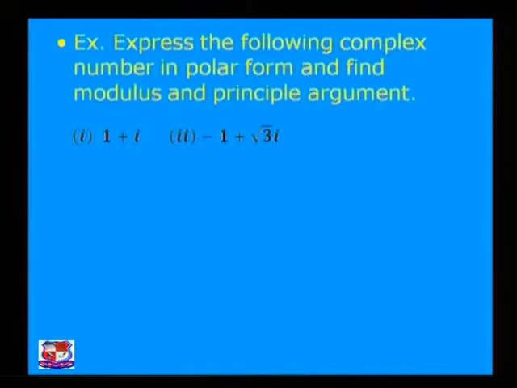Now, in the last session, we discussed the square root of a given complex number. I just want to revise what we discussed.